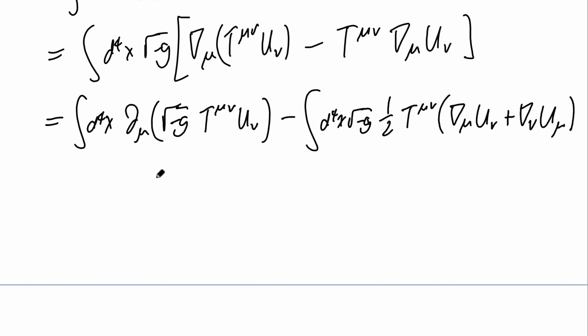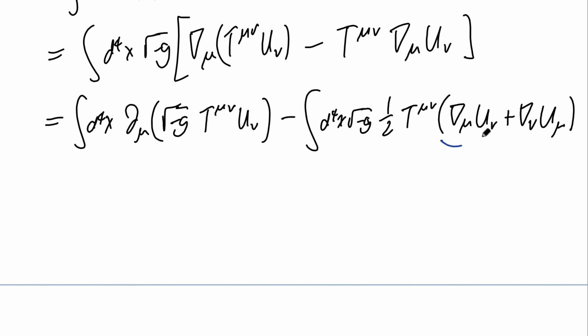Now this term integrates to the boundaries, so just like in the flat space case, it gives integrals relating the energy at the final time to the energy at the initial time and the flux of energy through the boundaries. But we also have this term.